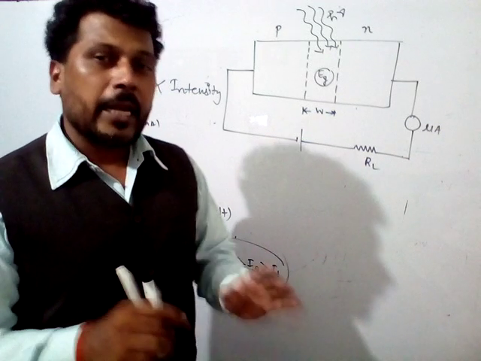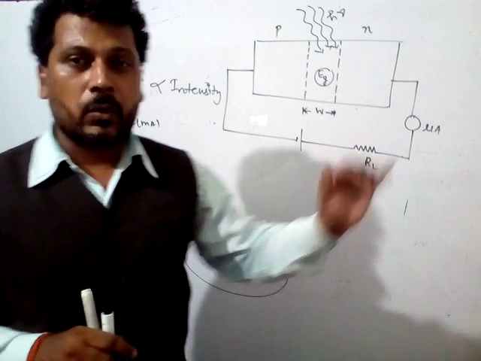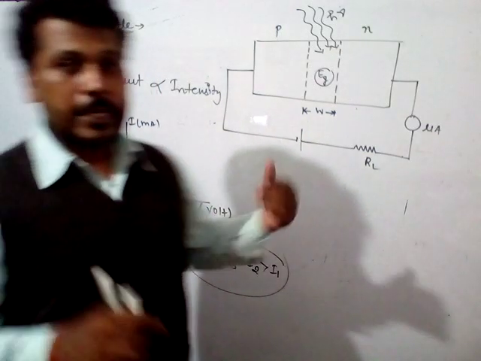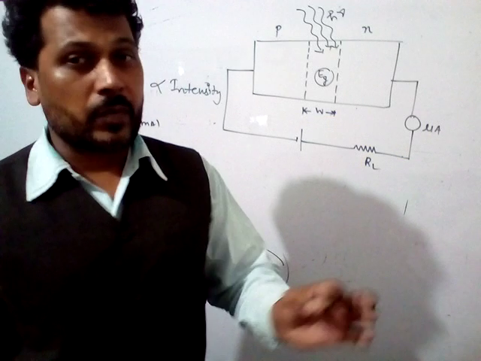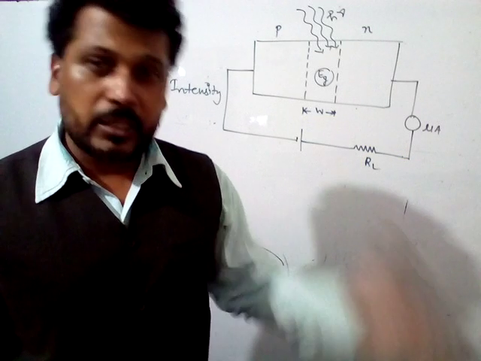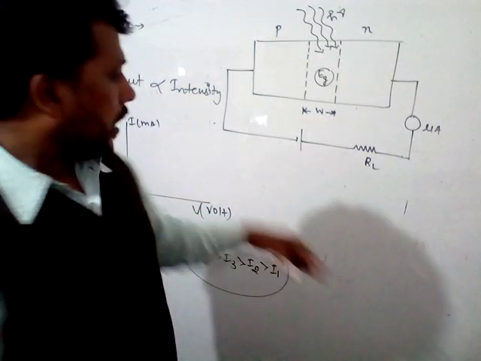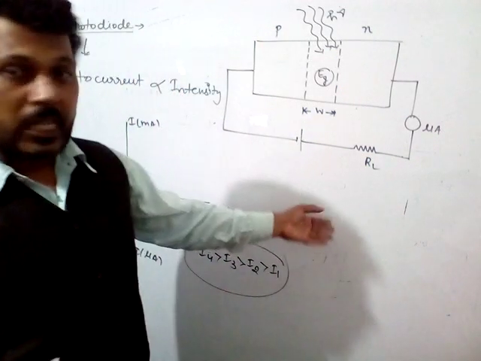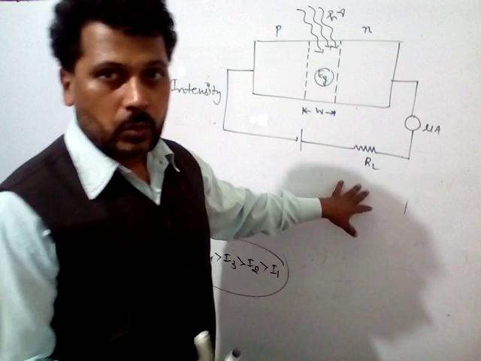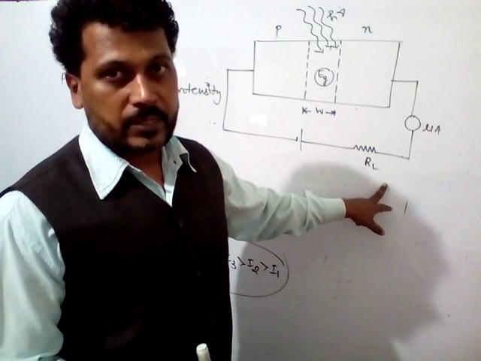Due to this, electrons move towards the n side and holes towards the p side, and due to this a current flows that is known as induced current, and this induced current also produces some EMF that is known as induced EMF, that will be stored in the load RL attached in this circuit.